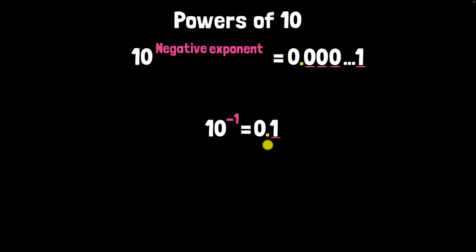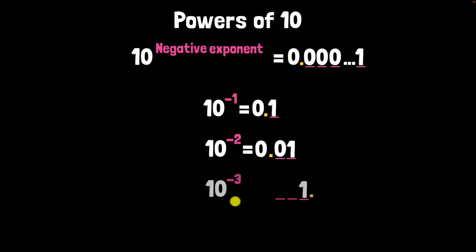So that is 0.1. If it's 10 to the power minus 2, I have to shift the decimal to the left twice. So it's once, twice. So 10 to the power minus 2 is 0.01. What is 10 to the power minus 3? Shift the decimal to the left thrice. So you get once, twice, thrice. You get 0.001, and so on and so forth.